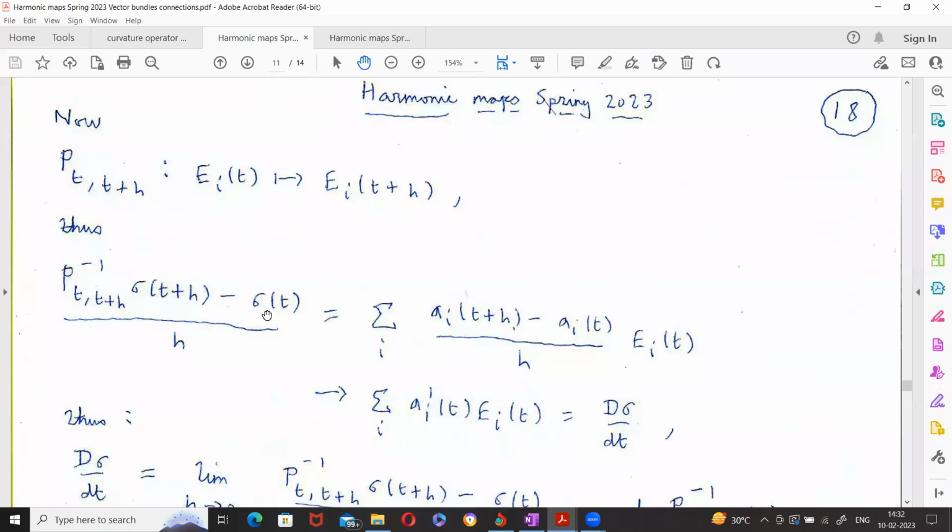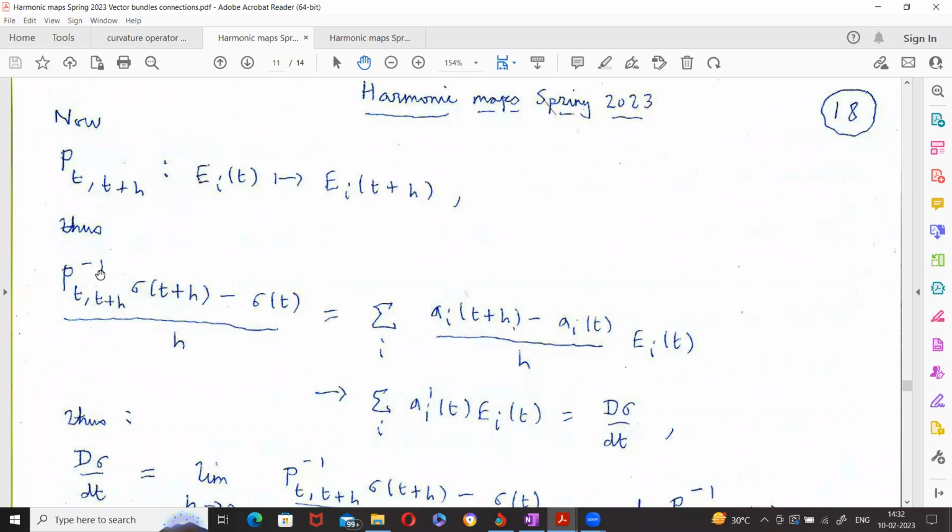Then if I subtract sigma t from that, that is also a vector based at gamma t. Then I divide by h. What will this be? Well, sigma t plus h will be sum over I, ai of t plus h, ei of t plus h. So when I apply the inverse of the parallel transport map, each ei of t plus h is going to go back to ei of t, right?